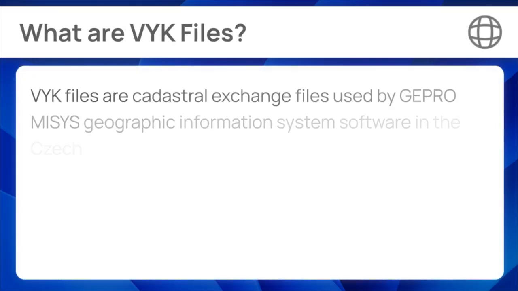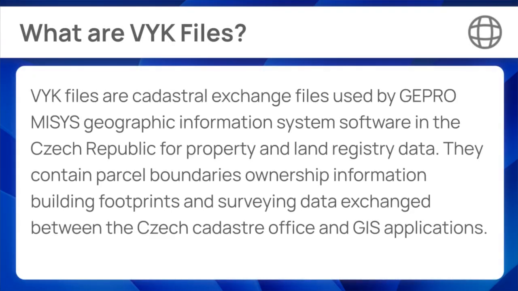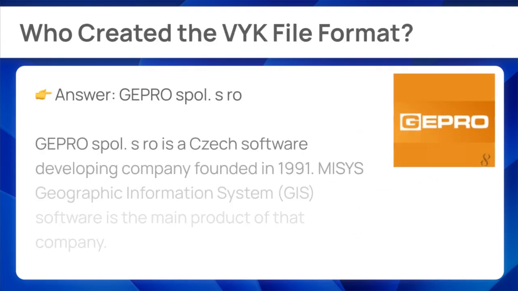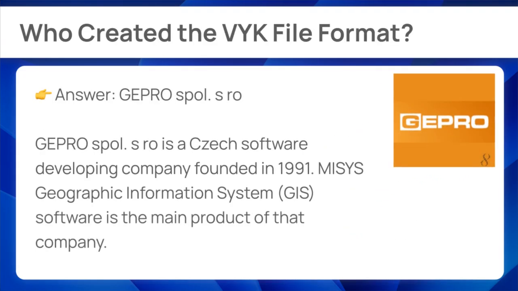VYK files are cadastral exchange files used by GEPRO MISYS Geographic Information System software in the Czech Republic for property and land registry data. They contain parcel boundaries, ownership information, building footprints, and surveying data exchanged between the Czech cadastre office and GIS applications.